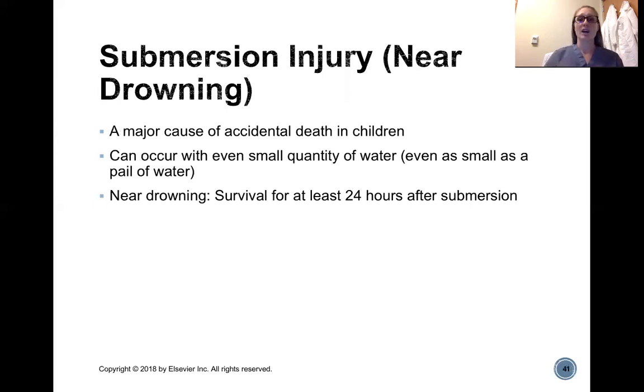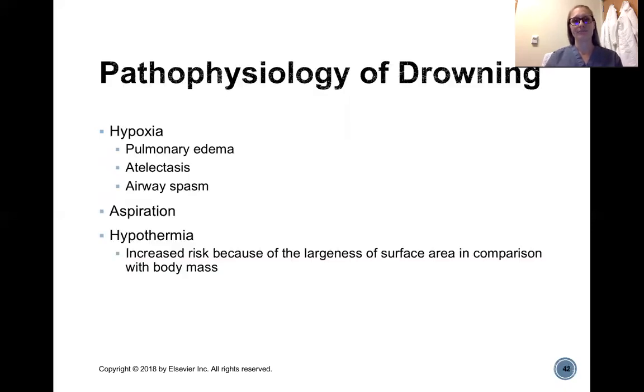Drowning occurs most often in toddlers, in boys, and in African Americans. So the pathophysiology of drowning is obviously a hypoxic event, so our brain is not going to have enough oxygen, right?